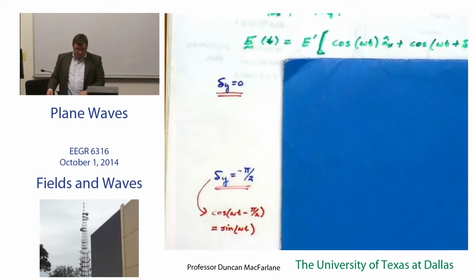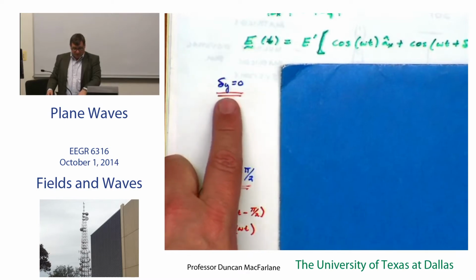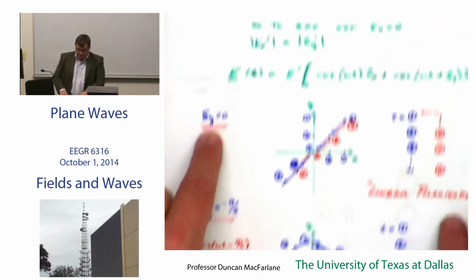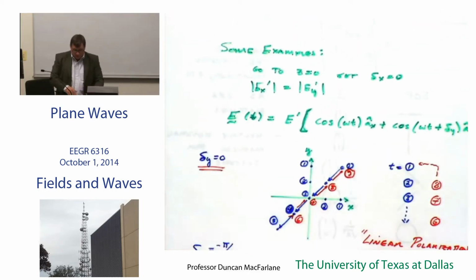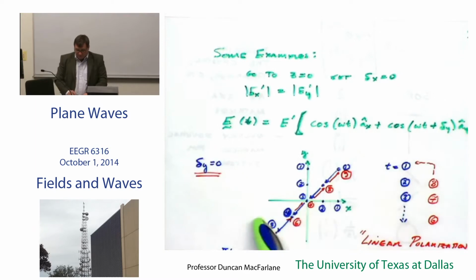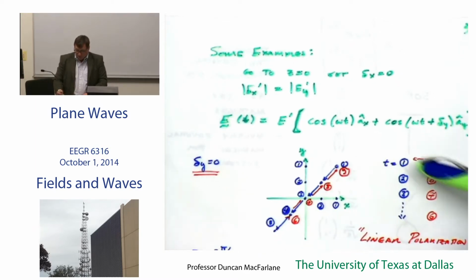A different, more specific example is delta y equal to 0. What I've plotted here is the y-axis and the x-axis, and I'm going to clock through with respect to time.